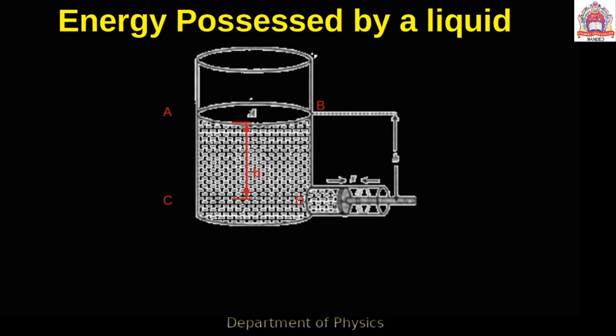If alpha be the cross sectional area of the piston, then the force on the piston is P into the cross sectional area of the piston, that is alpha.